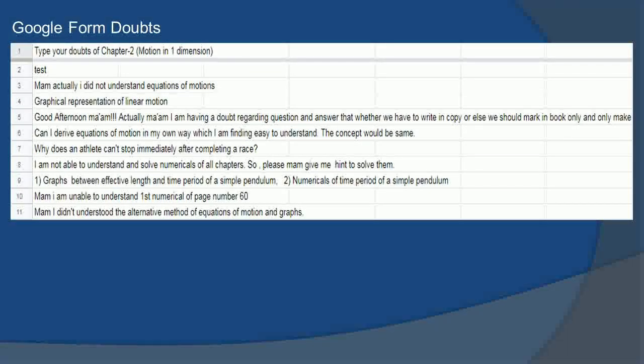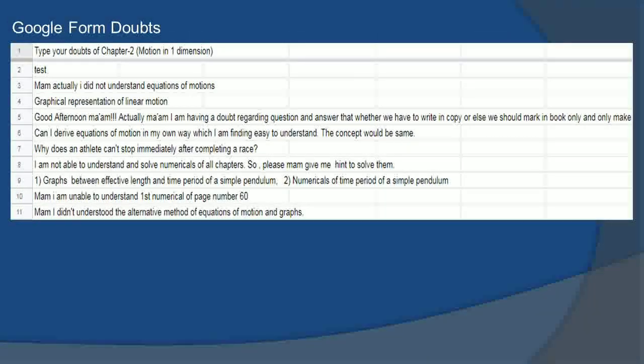In physics some topics are reduced, so graphical representation of linear motion is reduced from the syllabus. So no need to prepare this. This is a big relief for you.